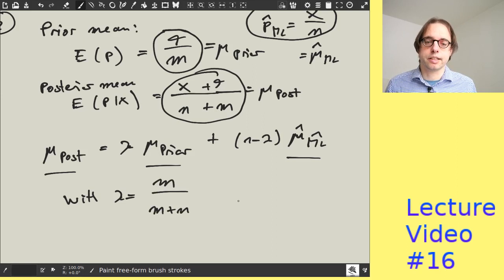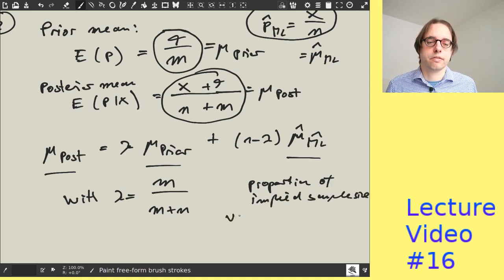So lambda is the proportion of the information, the sample size available in the prior, compared to the total sample size. So it's the proportion of implied sample size versus total sample size.